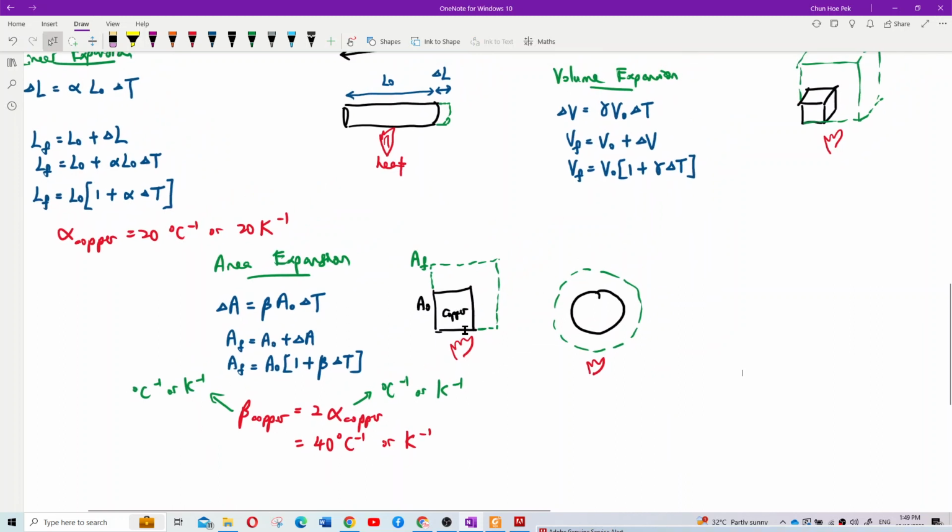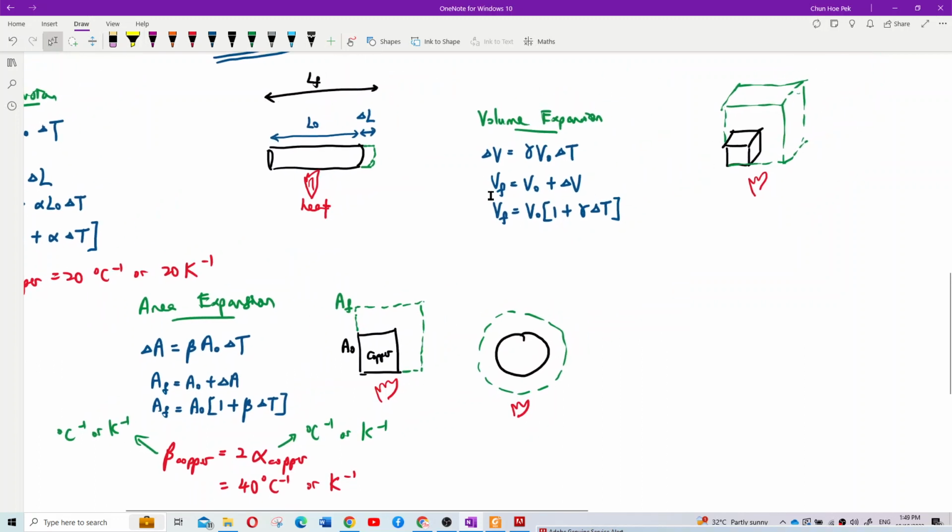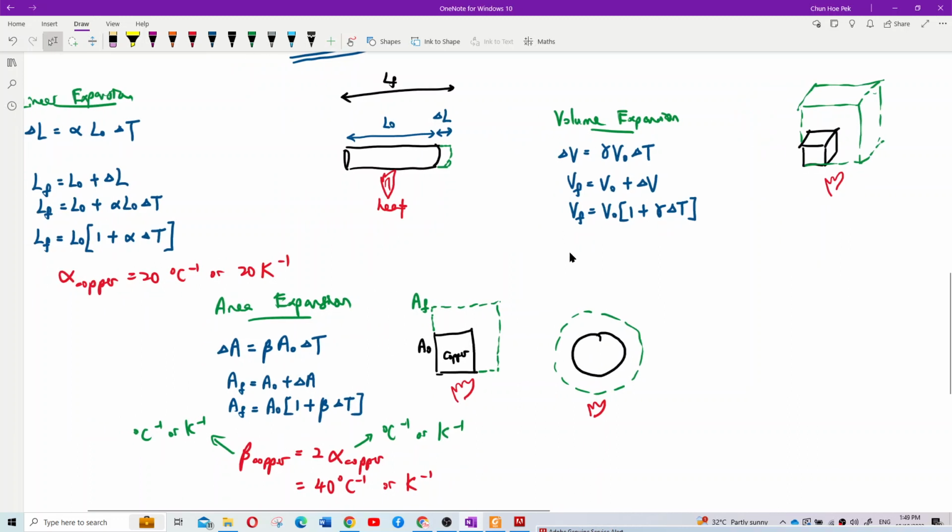Now, if I want to find the gamma value, let's say I need to work out the change of volume. So I need the gamma of copper. Let's say this is a copper cube. How many times alpha? Gamma for copper will be 3 times alpha for copper.